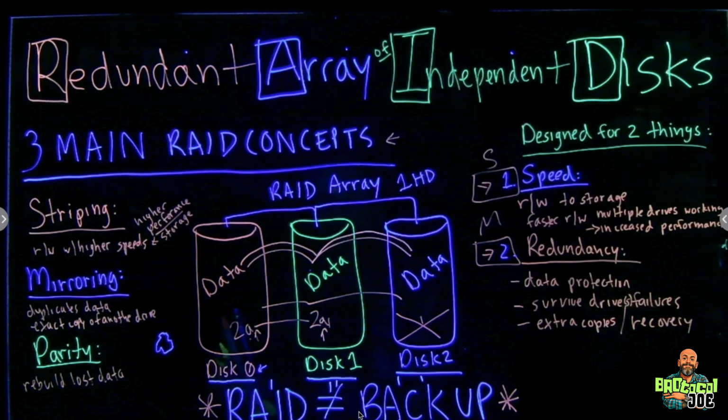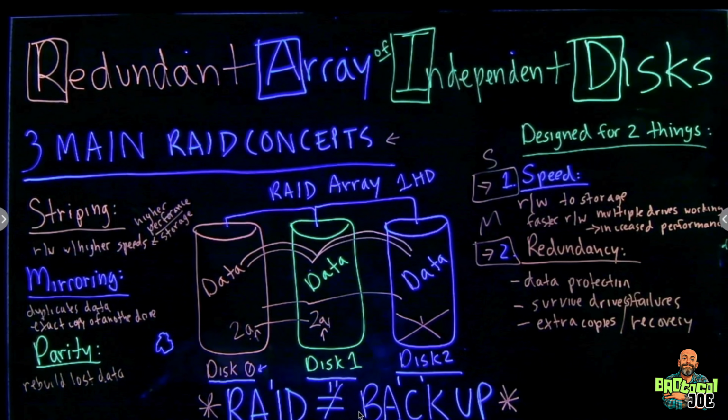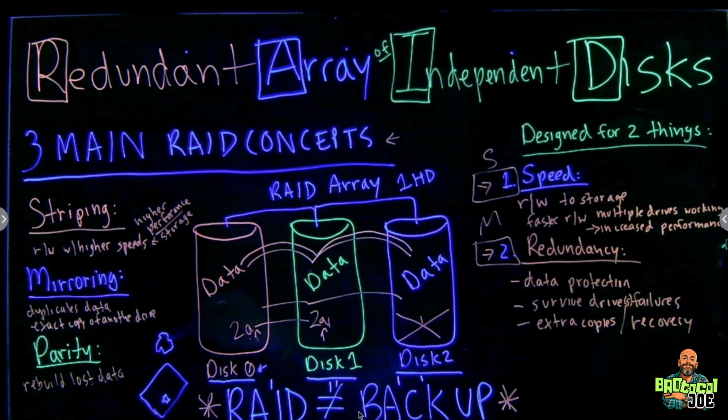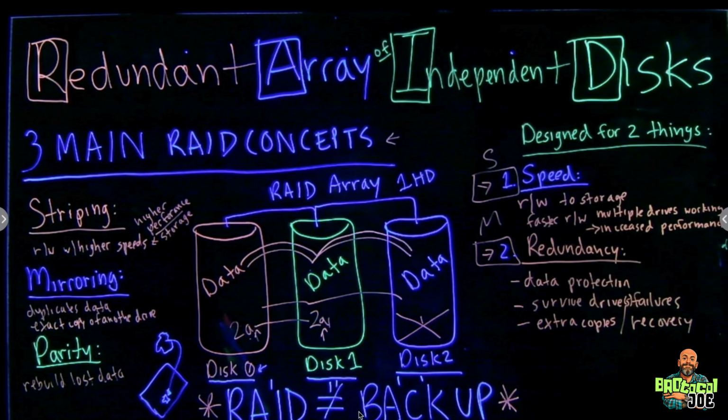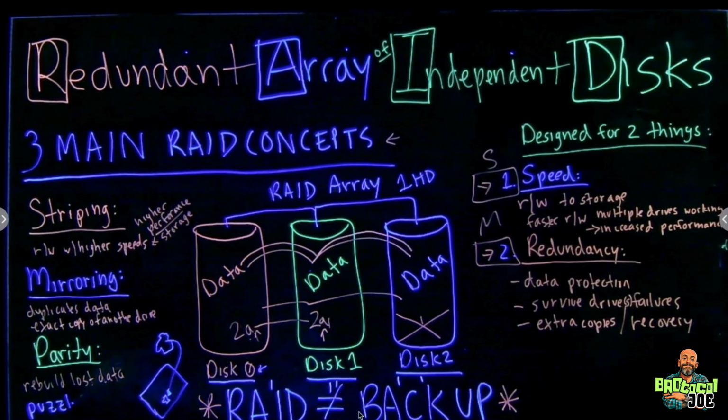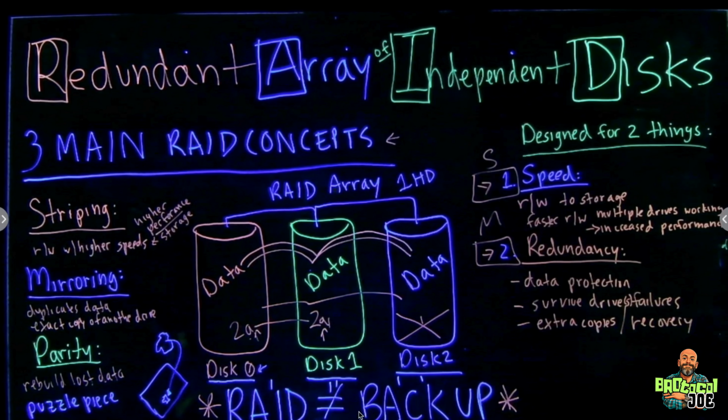But if you have this whole puzzle and you are missing a piece, parity is that puzzle piece, and it can fill in the space so that it completes the puzzle. So parity can rebuild lost data. I'm not going to get into the weeds with parity, but as long as you remember that parity is like a puzzle piece, when I go over the different RAID types that have parity, you will be ahead of the ball game.